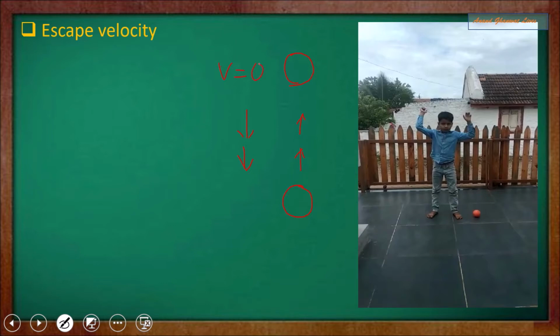At this point it cannot go further upward, but it starts to fall downwards, and it reaches the Earth's surface again.